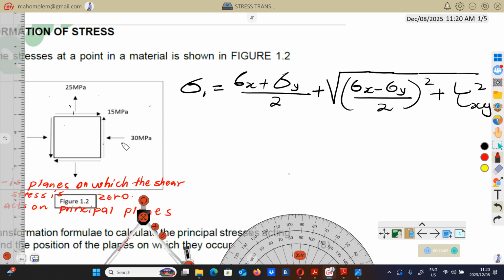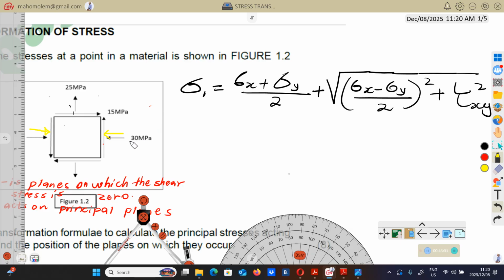One other thing is that for this element to be in a state of equilibrium, when you apply a force or a stress in this direction, to balance this, there must be a force or a stress in the opposite direction of the same magnitude.